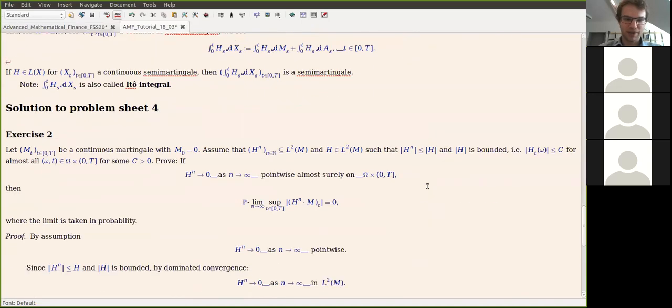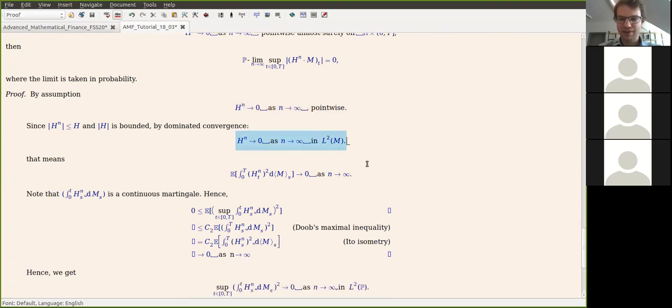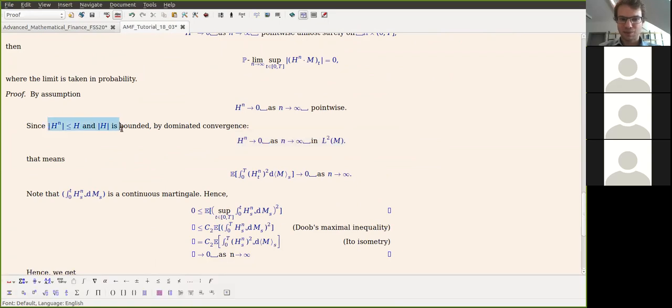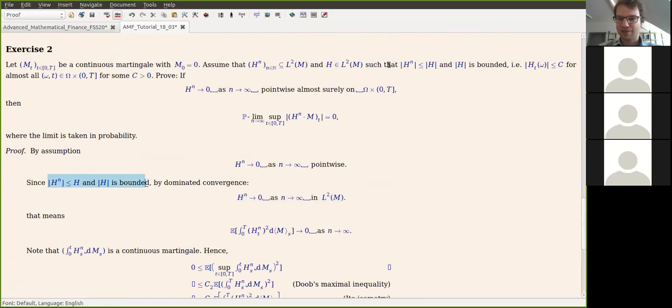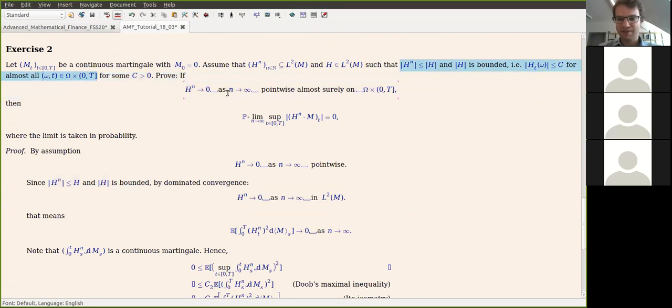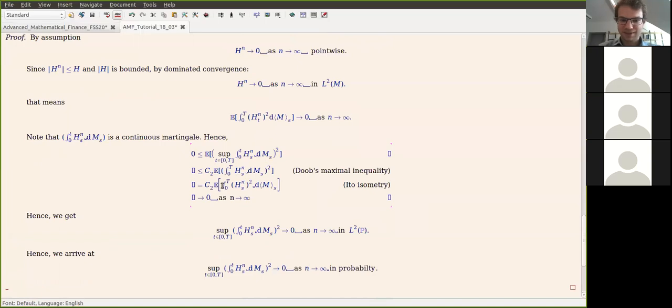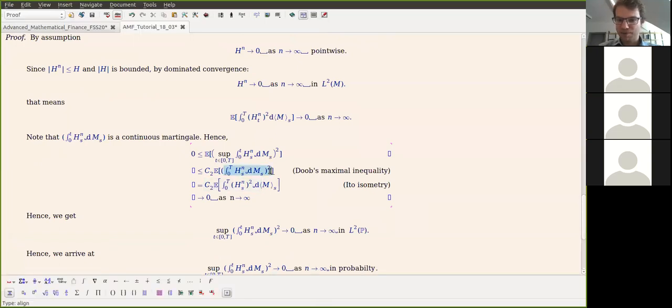And this is actually what we have done here. So you need to know that you want to go from pointwise convergence to L2 convergence, but this is why there was the extra assumption of having some bound. So you can use dominated convergence to do this, and then you use the martingale property, right?